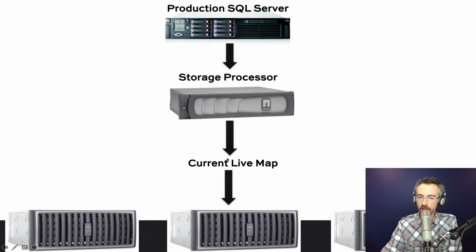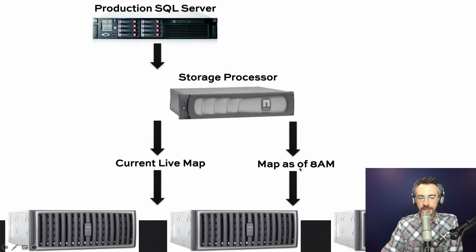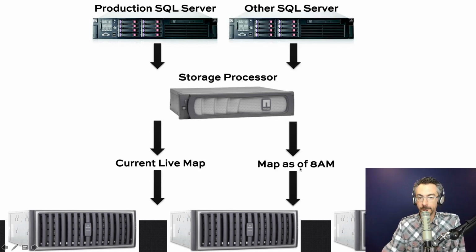Well, that's my current live map, but I also have my map that was a backup as of, say, 8 a.m. There's no reason I couldn't attach another SQL Server to that 8 a.m. map. Now, yes, they are the same set of hard drives, and if production is absolutely hammering my hard drives, then this guy's access will be slow.